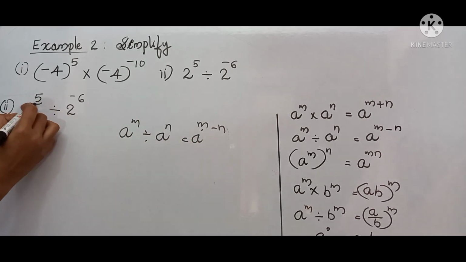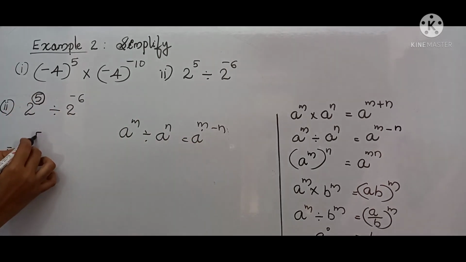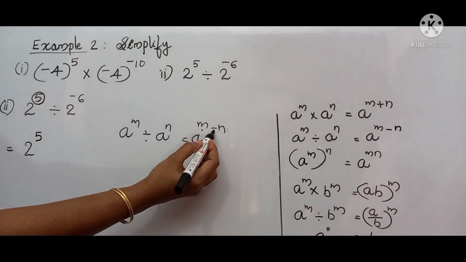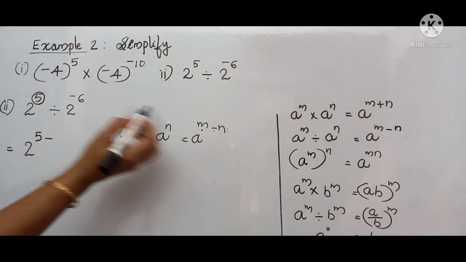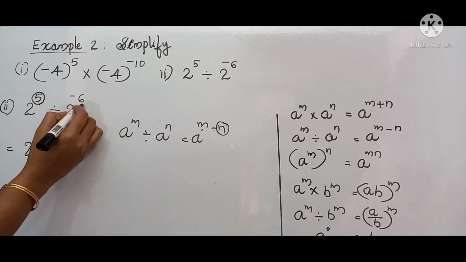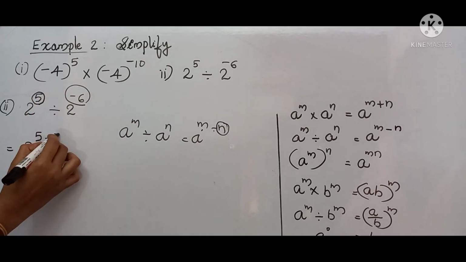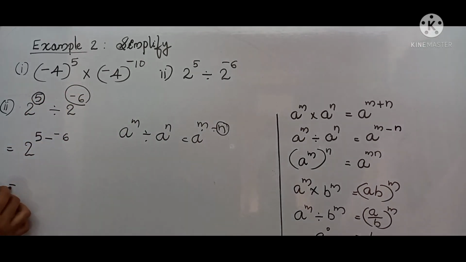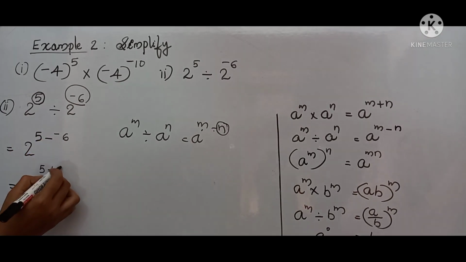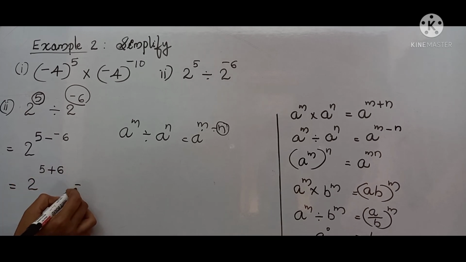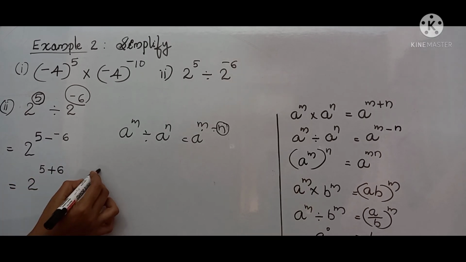Instead of m, here it is 5. Then this minus we have to put, minus. Then instead of n, what is given here? Minus 6. So we are writing minus 6 here. That is equal to 2 raised to 5 minus of minus, plus it is. Then 6. 5 plus 6, that is 2 raised to 11.